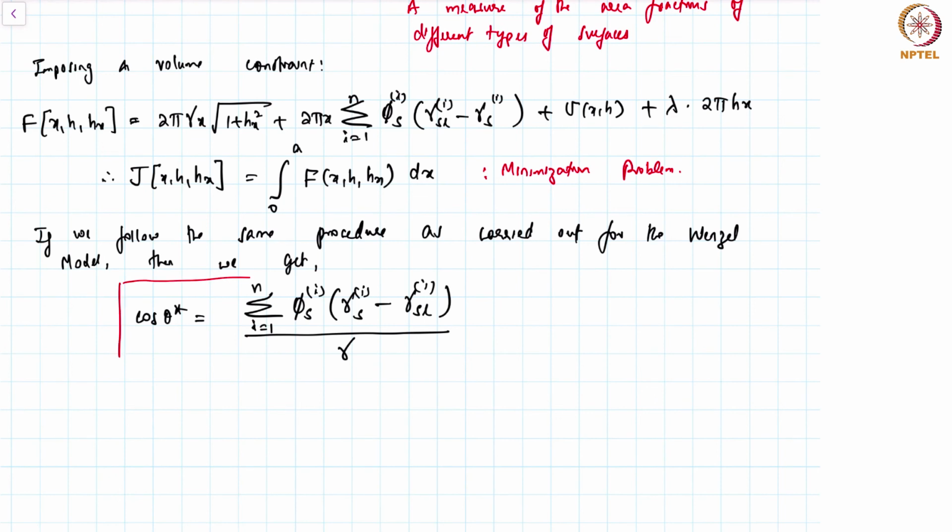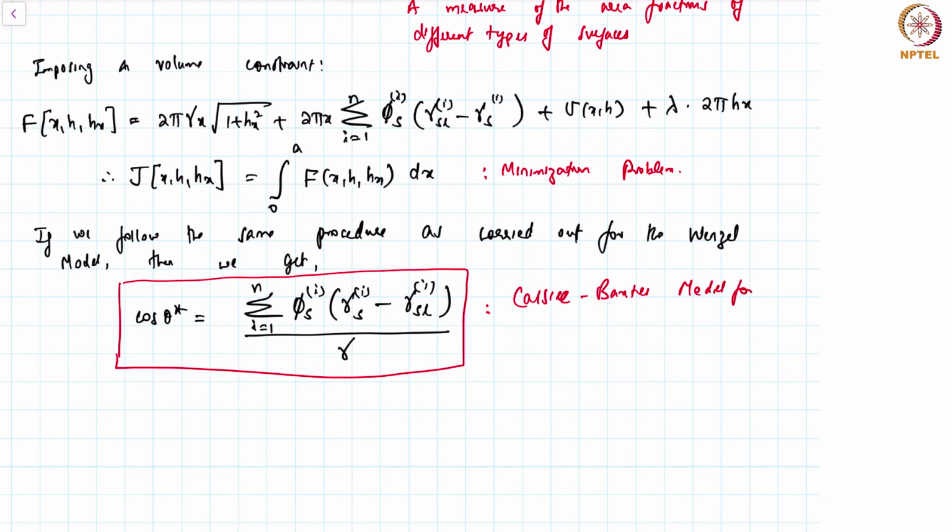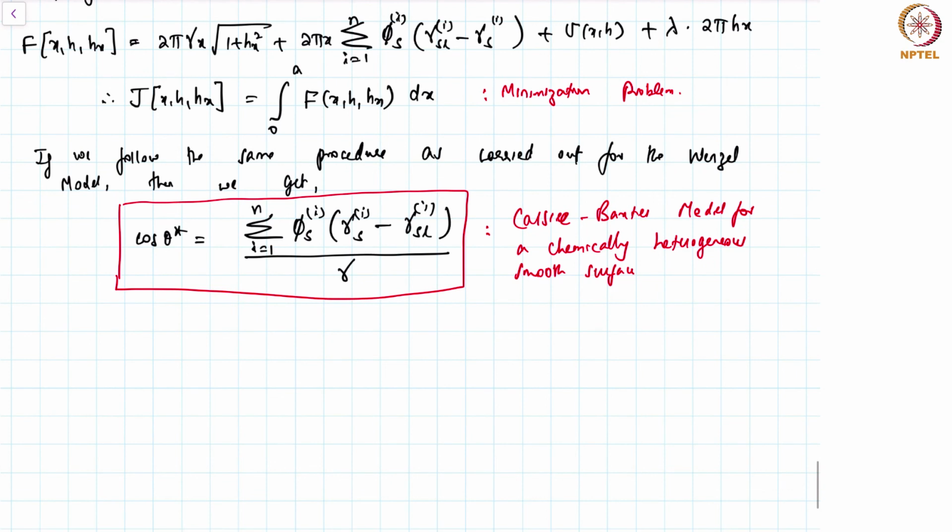This model is the Cassie-Baxter model for a chemically heterogeneous smooth surface. This is the general model where I have n such surface elements.